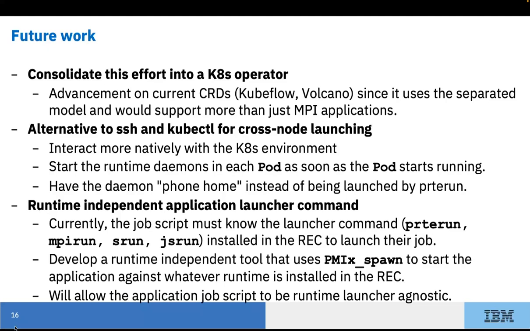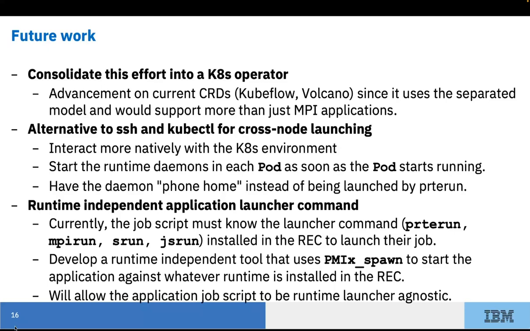So if you noticed as we were going through some of the demos, the job script itself, the thing that has to call mpirun or prun, must know the launcher in the REC in order to do that launch command, right? Once you get to the application piece, it's independent, but the job script that's setting everything up for the application really does need to know what the launcher is.